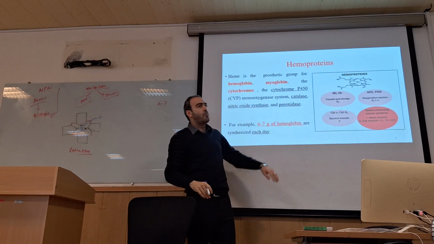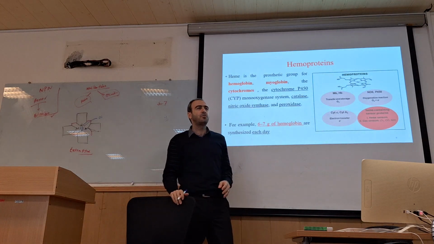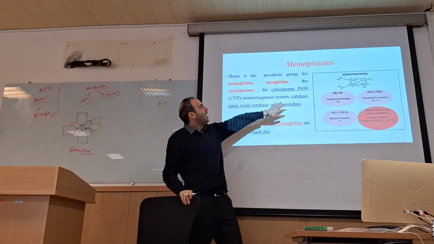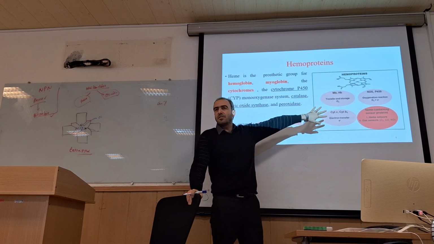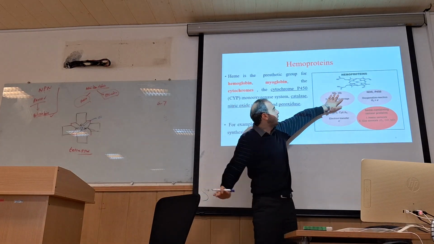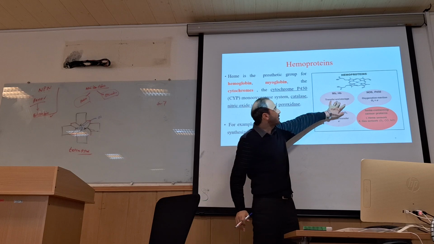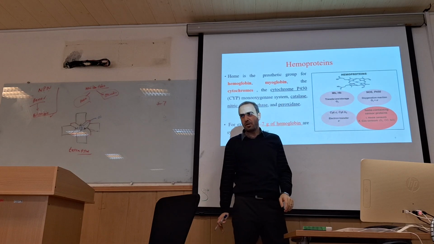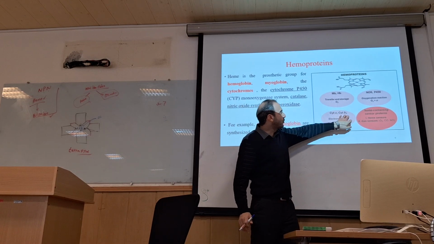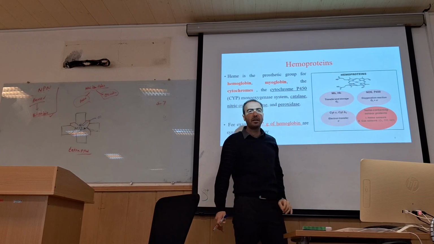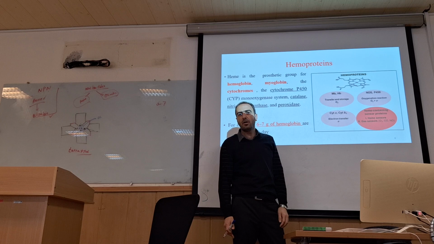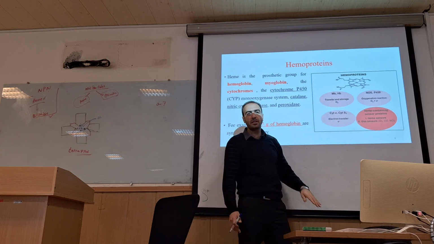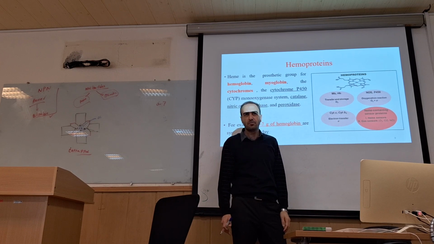Let me continue, Mohammed Hassan. Heme proteins: here you can see some examples. Myoglobin and hemoglobin transfer and store oxygen. Cytochrome C, cytochrome B5 and other cytochromes you saw are important in the electron transport chain.